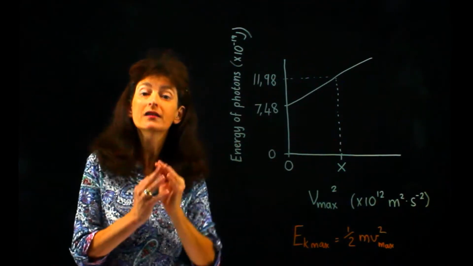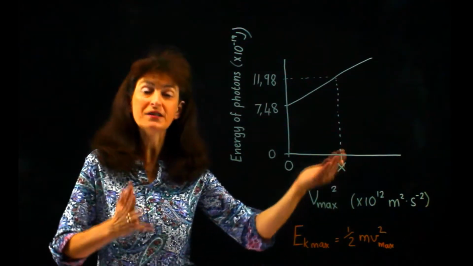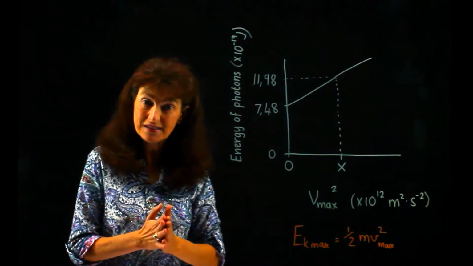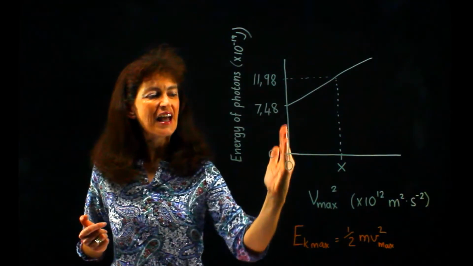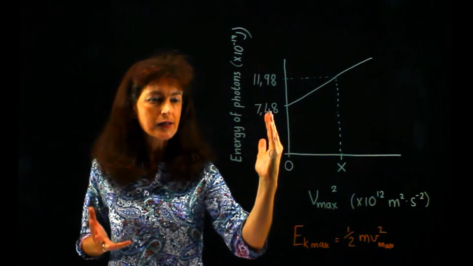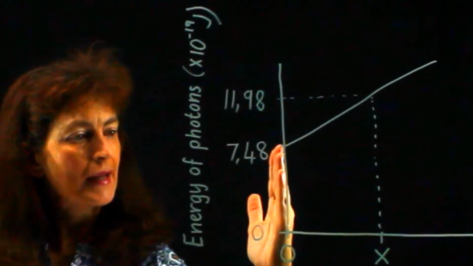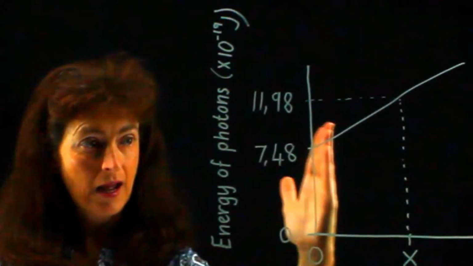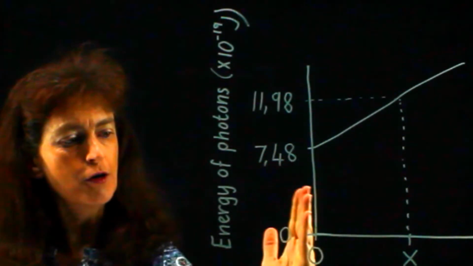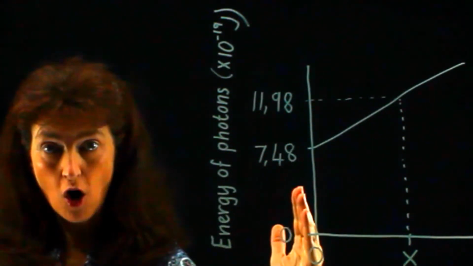In other words, the velocity would be 0. In other words, their kinetic energy would be 0. They wouldn't be emitted. So this is a threshold. It's a cutoff. At energies above that, we get emission. At energies below that, we do not.